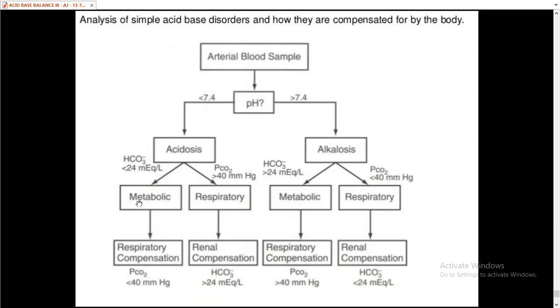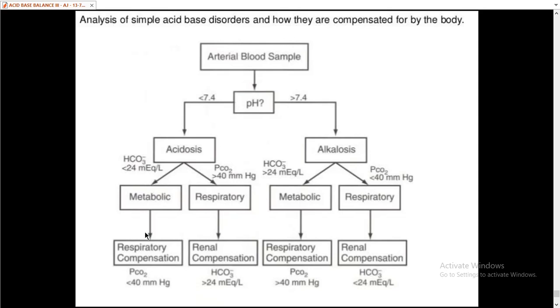Then, as you know, you have two types of acidosis, respiratory and metabolic, and two types of alkalosis, respiratory and metabolic. So, whenever there is disturbance in the bicarb levels, then we label it as a metabolic condition. Whenever there is disturbance in the PCO2, then it is a respiratory condition.